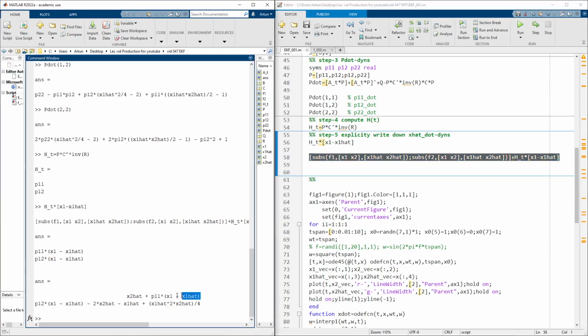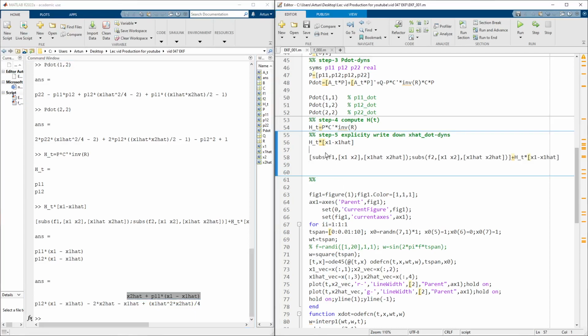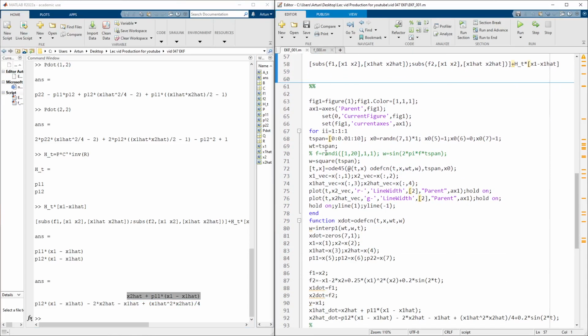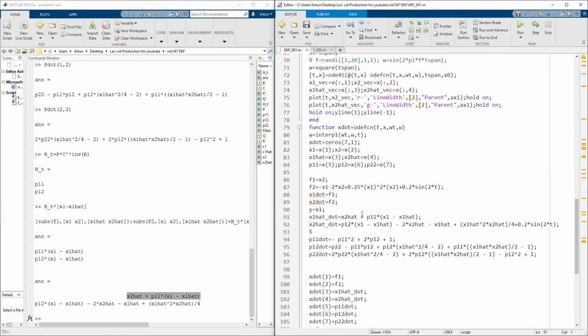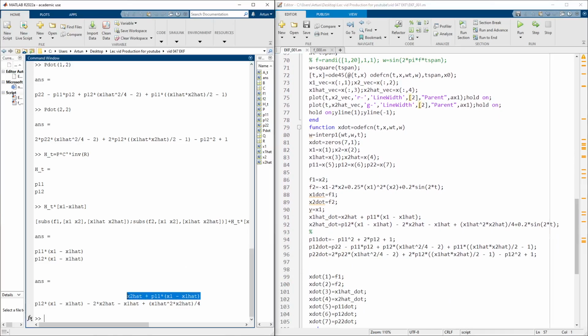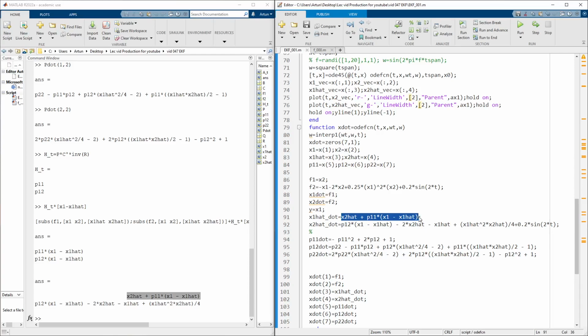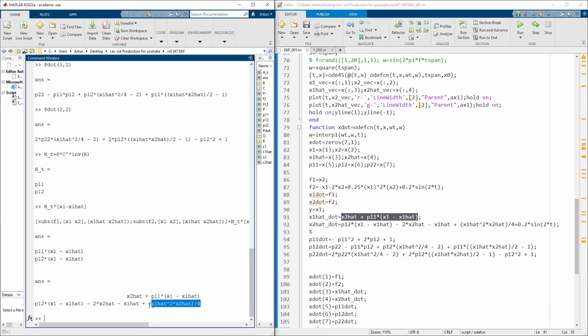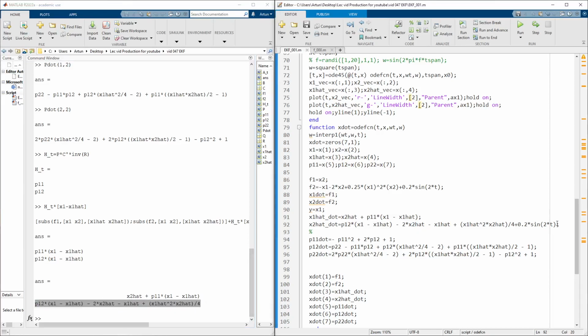This was x1 hat dot. x sub 1 hat because it is the observer state, and dot because it is d over dt. We just copied this term and pasted it here. This is literally what I did. And this is x2 hat dot equals this expression, and that's why I copied and pasted here.